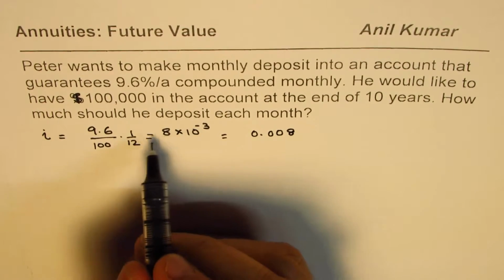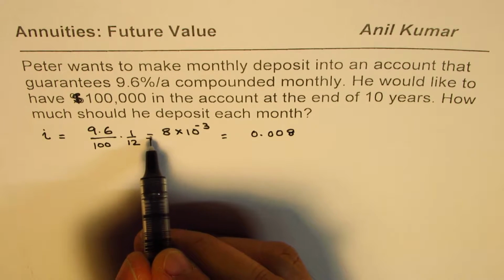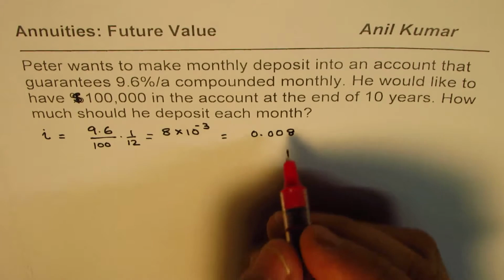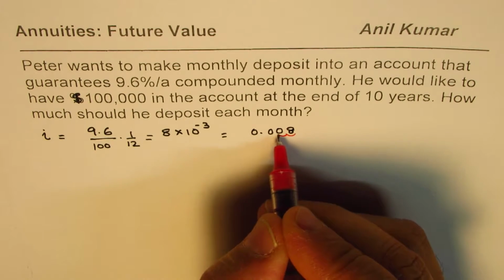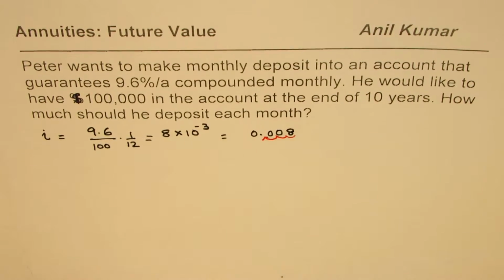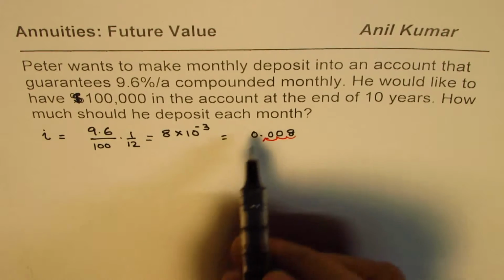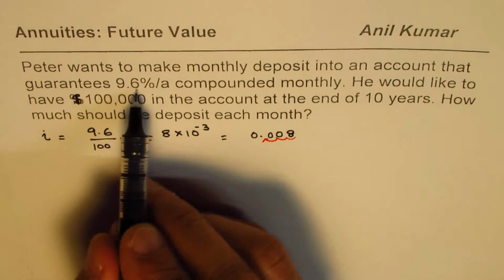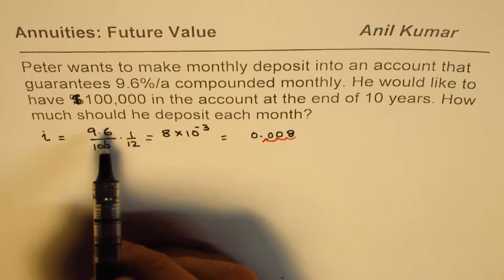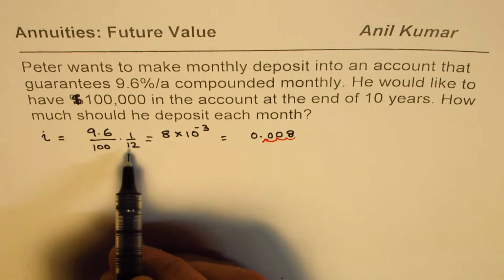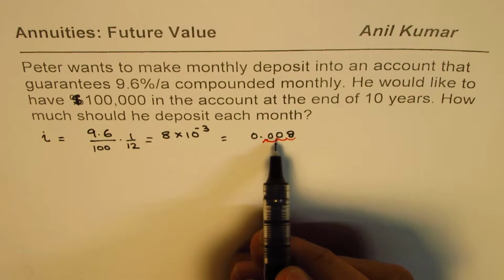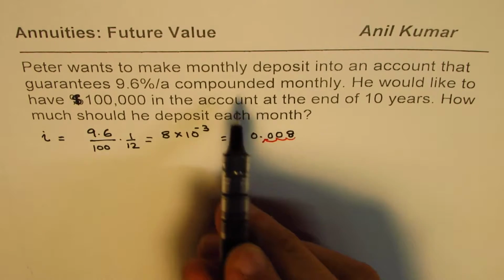From here, you move the decimal 3 places to the left: 1, 2, and 3, correct? I hope that helps because I've seen some students getting confused on this. So for 9.6%, you could have written 0.096 divided by 12 also. You'll get the same result. So the interest rate effectively is 0.008 per compounding period, right?